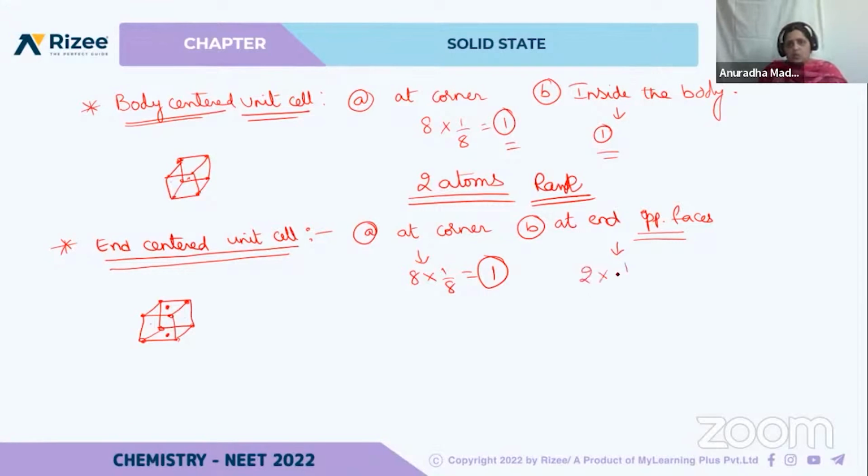So 2 into half is equal to 1. So the total is 1 plus 1, 2 atoms. This is also the rank. This is very important, because while we calculate the packing efficiency or packing fraction, we'll consider these ranks.